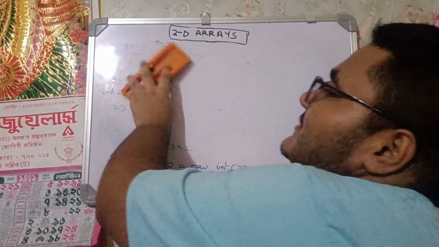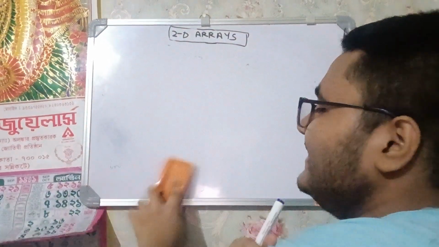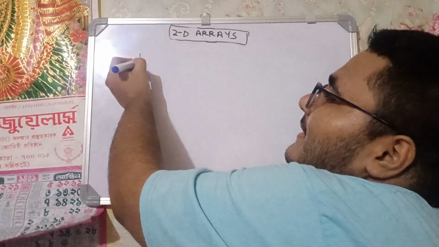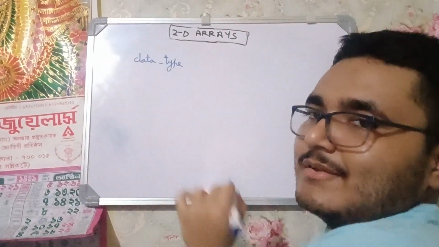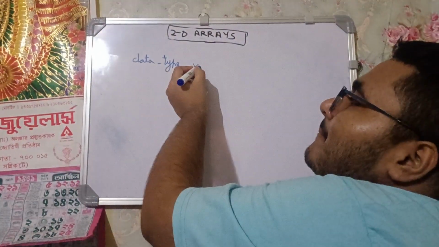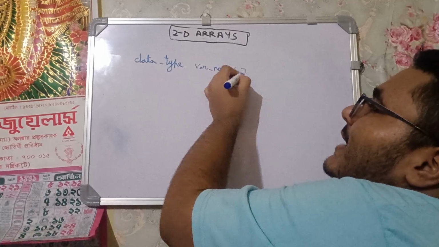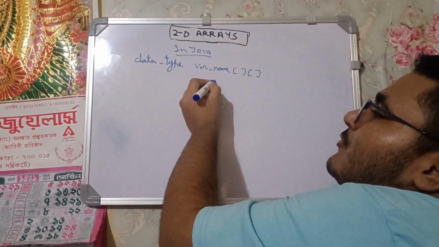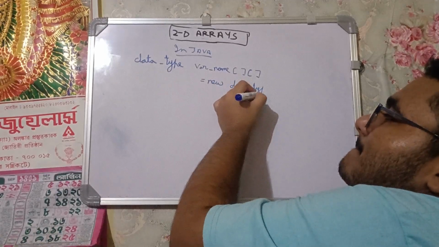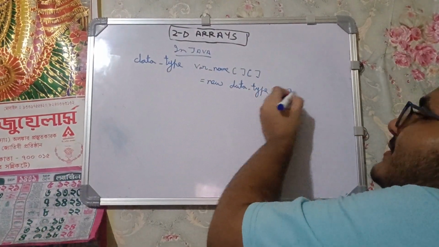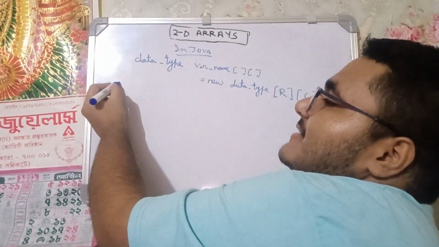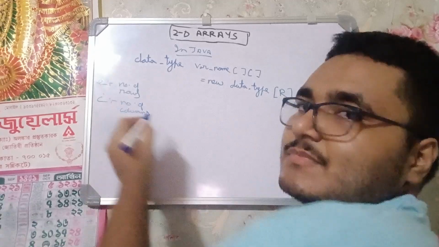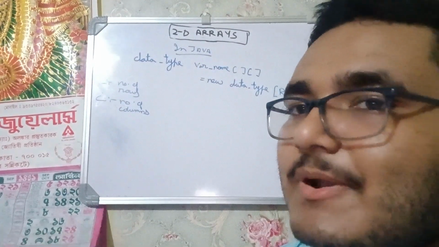Therefore, if I briefly discuss the syntax again, the syntax of declaring a 2D array in Java is the data type, then the variable name, then square brackets, is equal to new data type [R][C], where R is the number of rows and C is the number of columns.